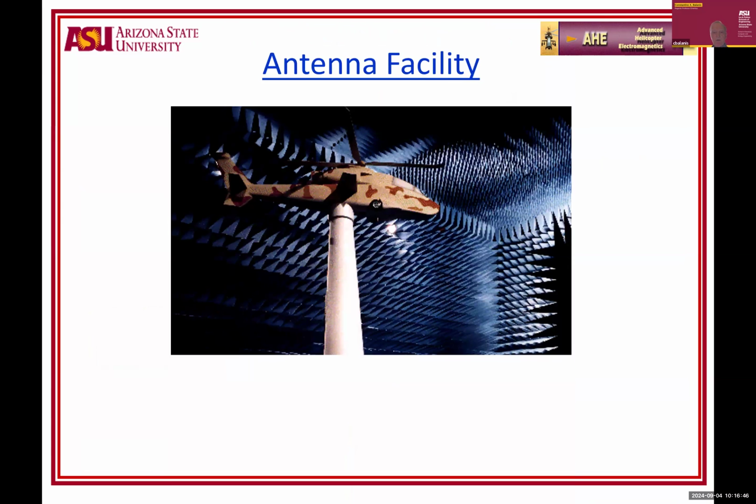We have one of the most advanced antenna facilities. We call it an anechoic chamber, in a university, probably the second largest, and also instrumentation-wise, a facility in academia other than the one at Ohio State, which dates back to the 1940s, 1950s.